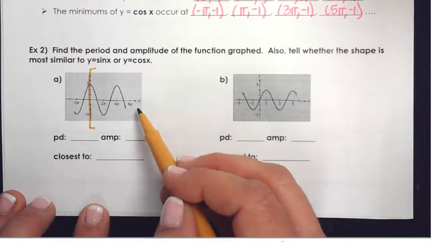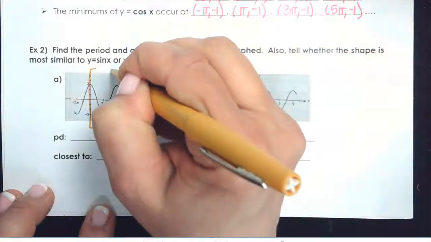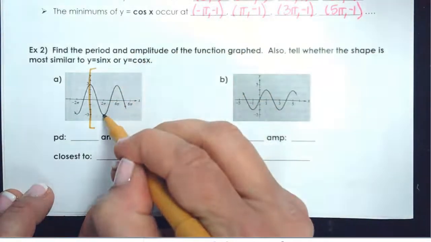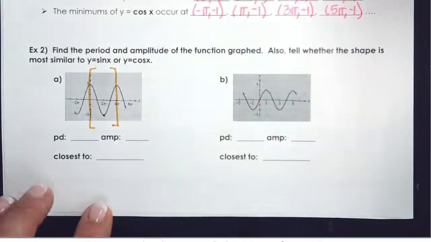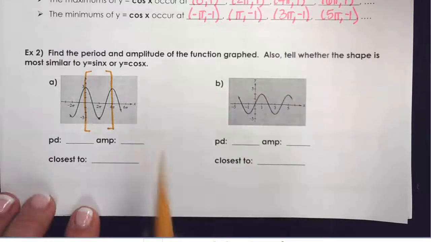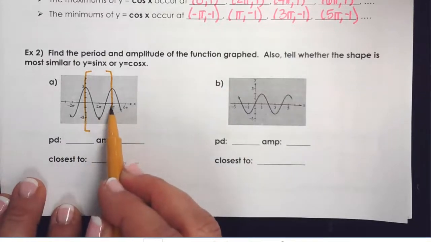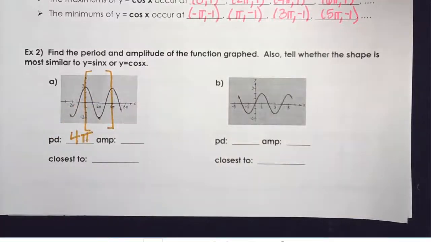But is that where the pattern starts repeating itself? Where does the pattern start repeating itself again? At 2 pi? At 4 pi. Do you guys see that that is an example of the period? So our period here goes from 0 to 4 pi, which means our period is 4 pi.